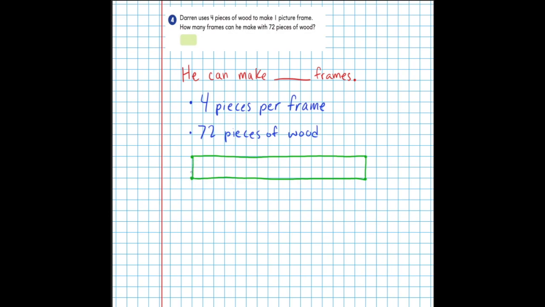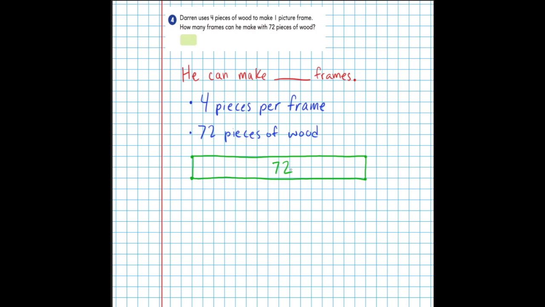Always practice making those rectangles as straight as you can, but unless you're using a ruler or something, it's never going to be perfect, but it's going to do the job for us. And this rectangle here is showing us the total amount of wood, which is 72 pieces. I'm just going to write 72 in there to remind us of that value.